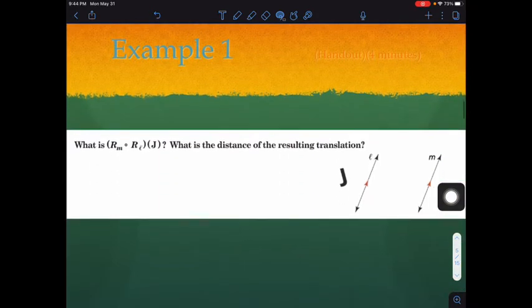Example 1 says, what is the reflection over line M of the reflection over line L of J? What is the distance of the resulting translation?